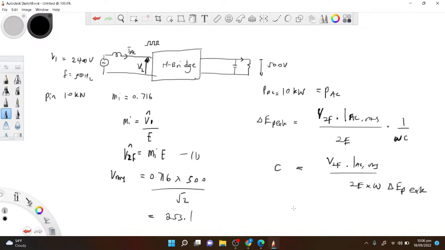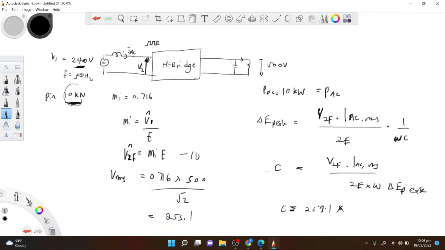In the question, they gave us delta E peak to peak, so divide by 2 to get the peak. We've also found the V2 RMS from here, so 253.1 times, how do I find this IRMS? Now, watch something here. I've been given power. I know input voltage, so I can find IAC.